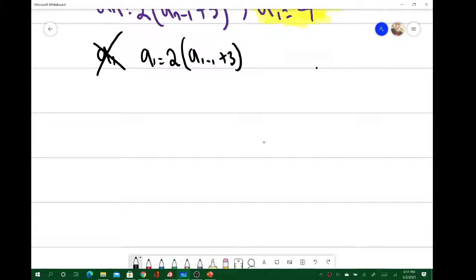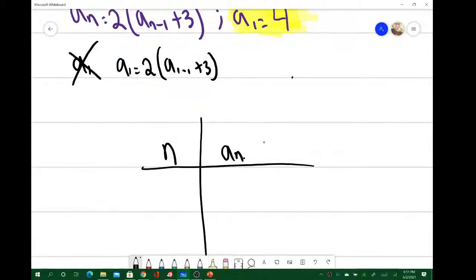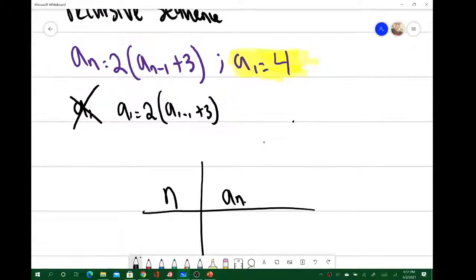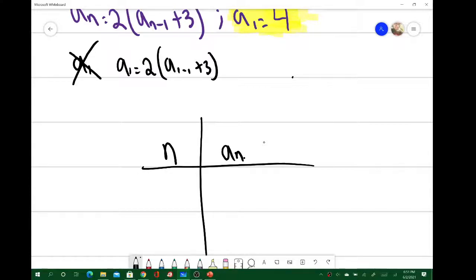So we're just going to draw it out like that. Anyways, here we have n, and here we have a sub n. Honestly, you don't have to know what a naught is, so doing this would be unnecessary.